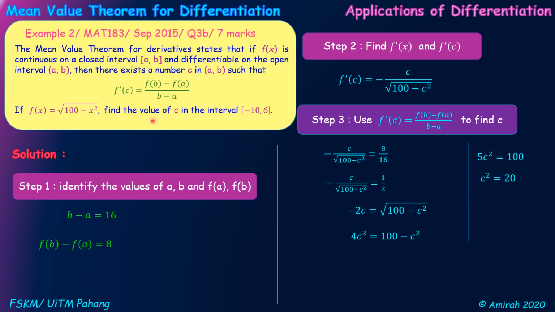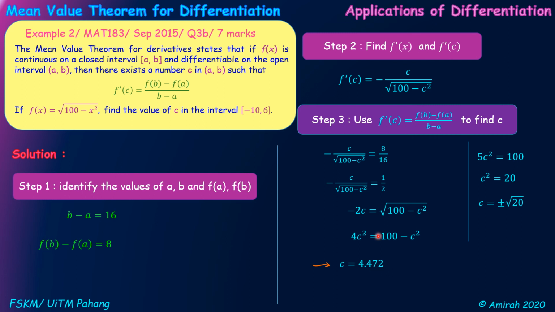We want to find the value of c, so our c equals square root of 20. When we take the square root, we must put a plus minus sign here. So c equals positive square root of 20, which equals positive 4.472.